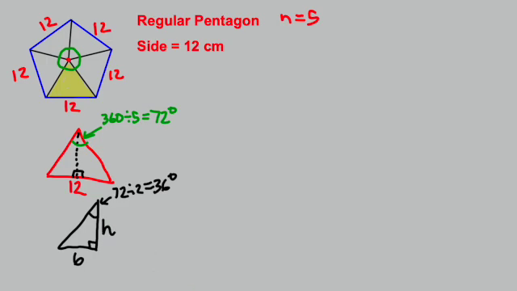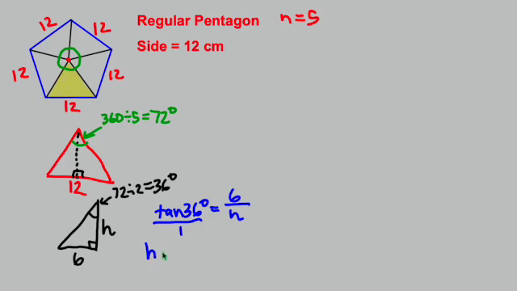And we're going to use trig to figure this out. If you remember your trig, we have sine, cosine, and tangent. This is the opposite from that angle, and this is the adjacent. So that would be tangent. So I can say now that tan of 36 degrees equals, in this case, opposite over adjacent, so 6 over h. I'm going to put that under 1. I'm going to cross multiply.